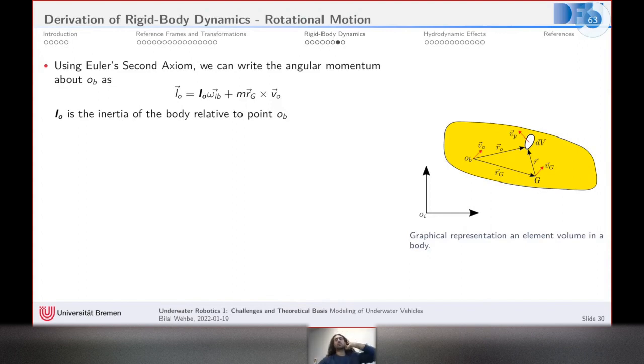Now, again, Euler's second axiom for angular momentum about the point OB.